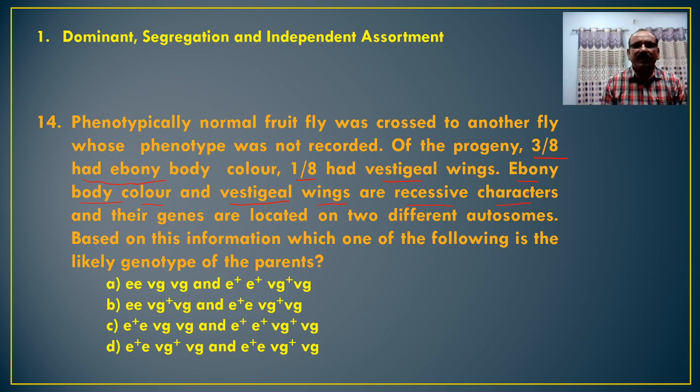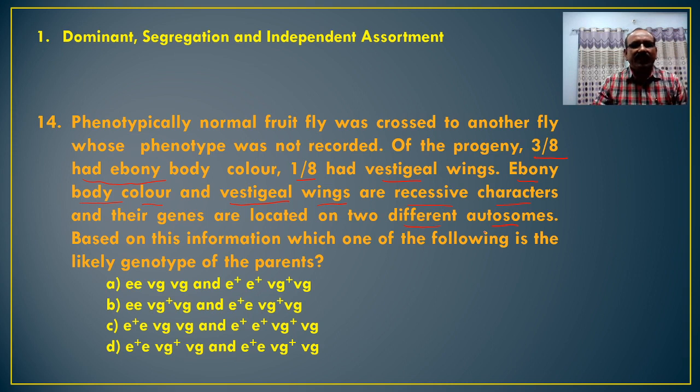This we have to remember. And their genes are located on 2 different autosomes. Here this is also important, that they are present on the autosomes and on different chromosomes. Based on this information, which one of the following is the likely genotype of the parents?